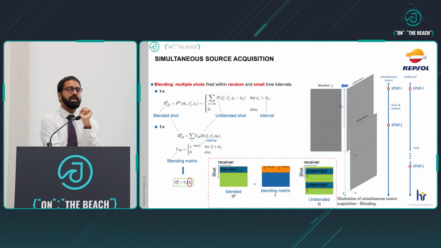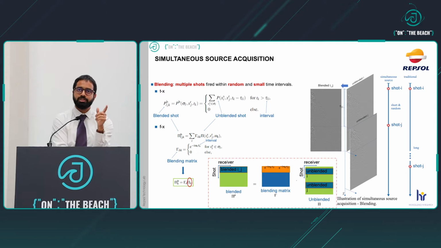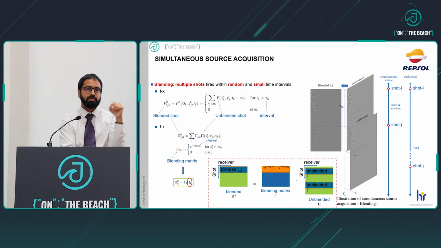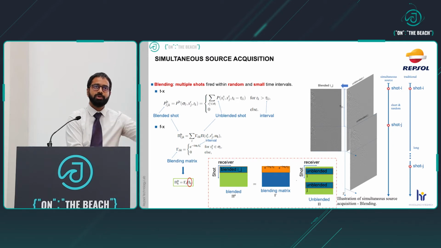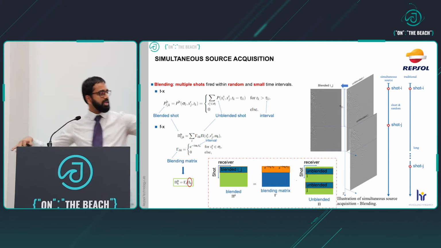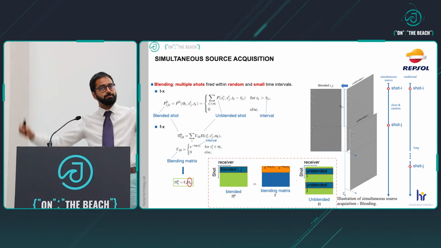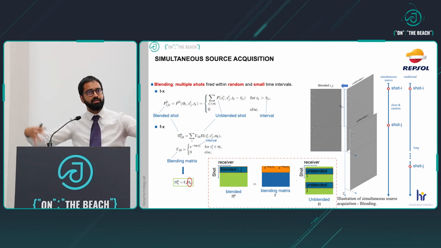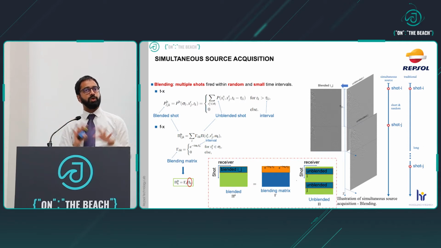That's the first problem. The second problem is more of an operational concern. Remember, we are putting lots of millions of euros every day into this. So a wonderful idea offered to the people is that, instead of doing shot by shot by shot, 200 shots which may span several days, why can't we put, say, five or six simultaneous shots and acquire the signals of all of them together?